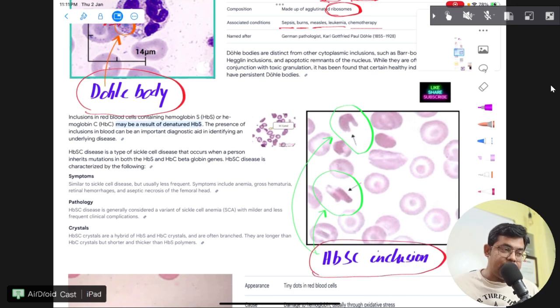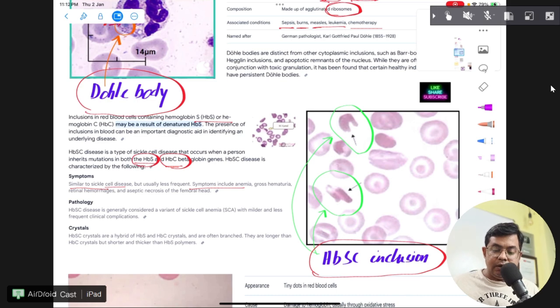Now, what does it mean? If someone inherits one copy of the sickle cell gene and another copy of the HBC gene in a compound heterozygote form, then this is known as HBSC disease, and it can present like sickle cell disease, but the symptoms are milder.